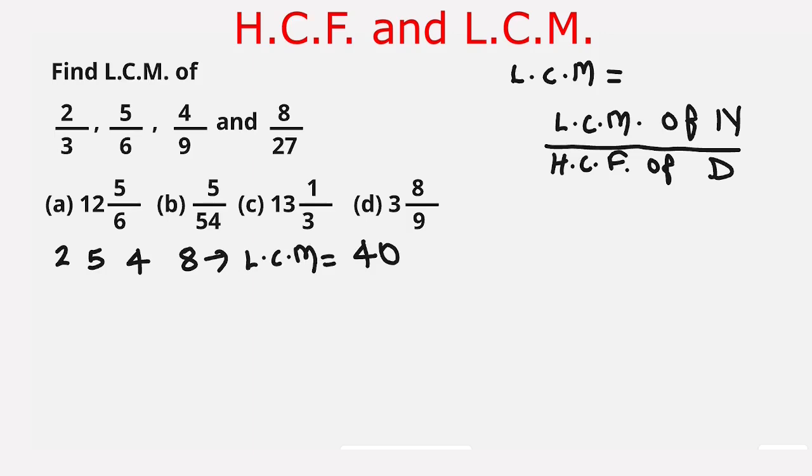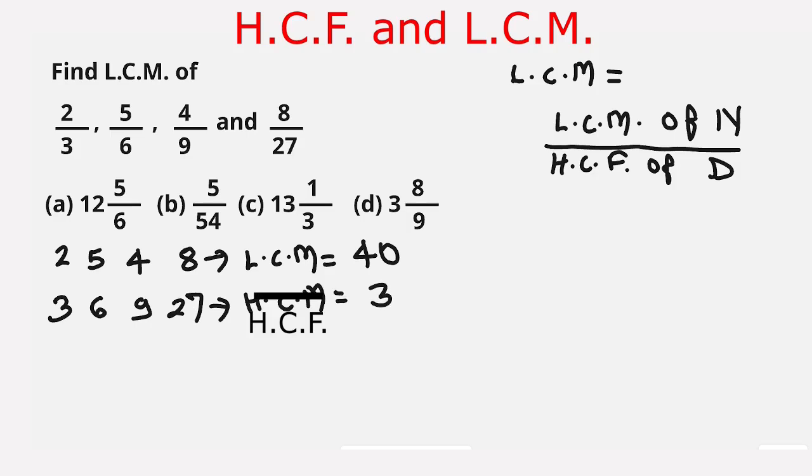And we have to find the HCF of 3, 6, 9 and 27. And I have already discussed it. Their HCF is 3. So our answer is 40 upon 3. And this is equal to 13 whole and 1 upon 3, as 13 times 3 is 39 and 1 is 40.